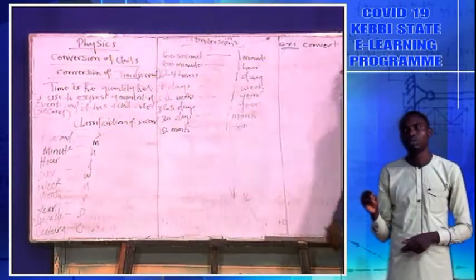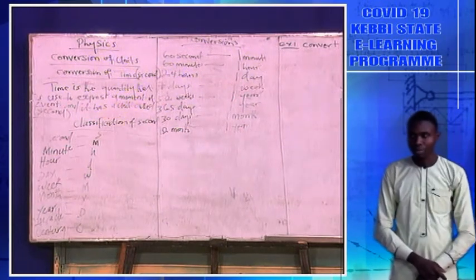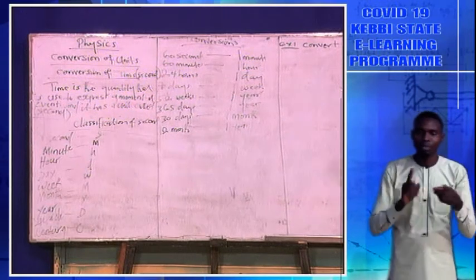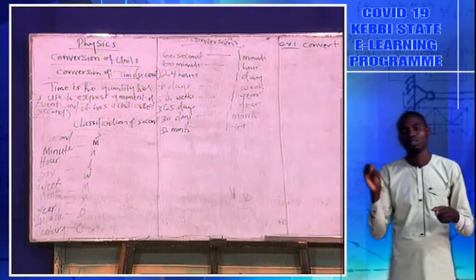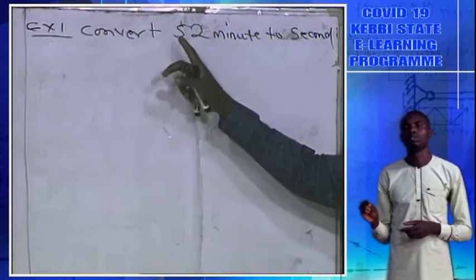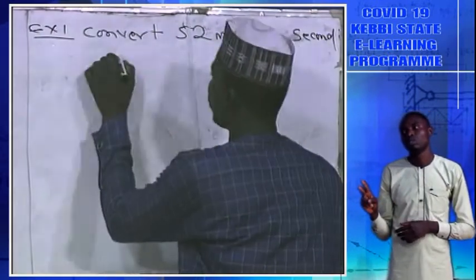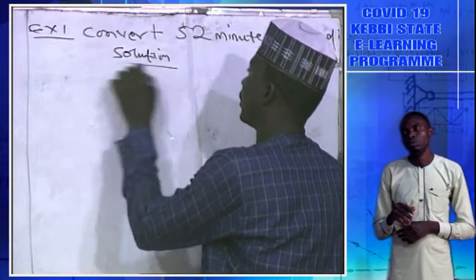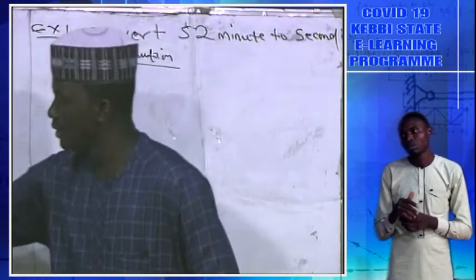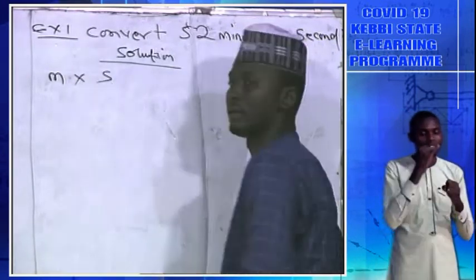So it means that we must have something greater than 52 in our answer, because we want to analyze the total second having in 52 minutes. As we all know that in 1 minute only, we have 60 seconds. So how can we convert this form or this minute to second? Now, we are going to say solution. From minute, we are going to multiply minute times second.